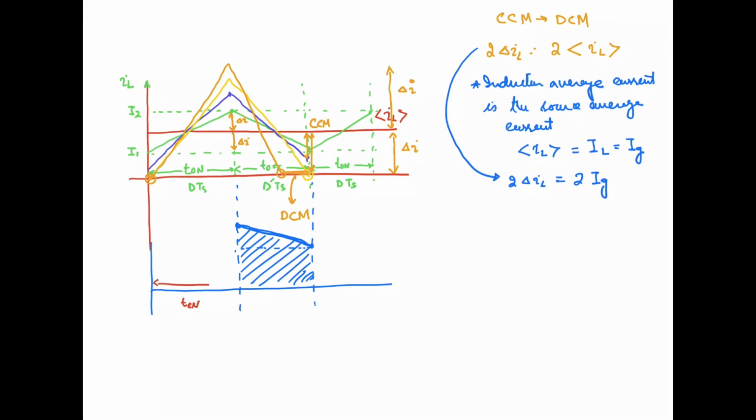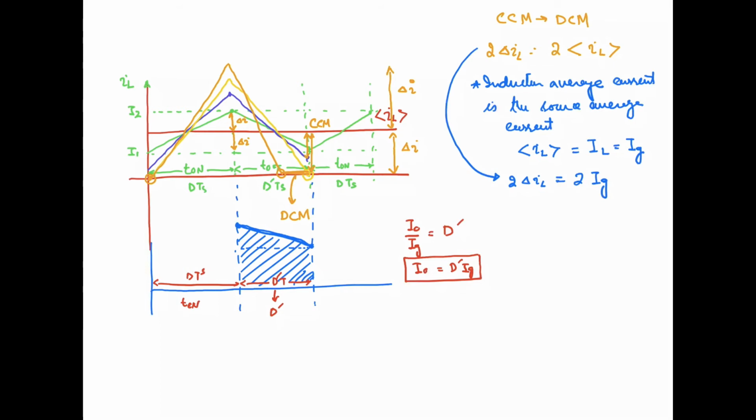There is no contribution at the output from your source directly during t on, but it is contributing in the interval D' times Ts. So the average current contribution at the output linked with the input will be linked by this D', right? So we can say that I_0 by I_g will be equal to D', or I_0 will be equal to D' times I_g, where I_g is the average current of your source.